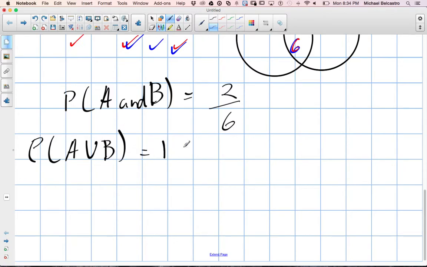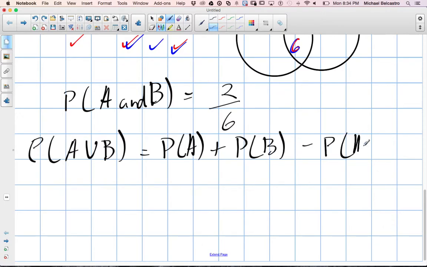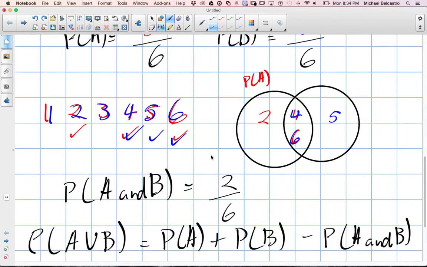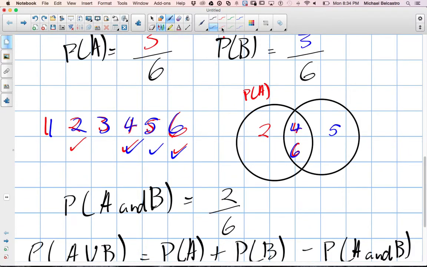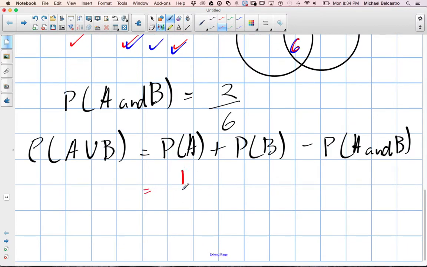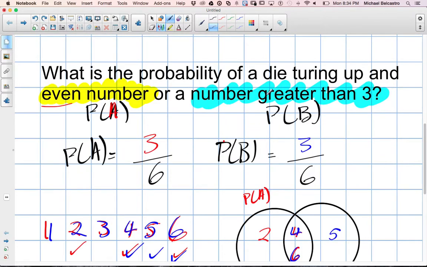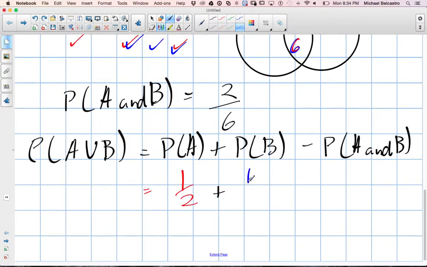Now that we have these ideas, we can find the probability of our union. We take the probability of A, add the probability of B, and subtract the probability of A and B. We calculated above that the probability of A is 3 out of 6, or a half. Plus the probability of B is again a half. And then we subtract the probability of A and B, that's technically a third.